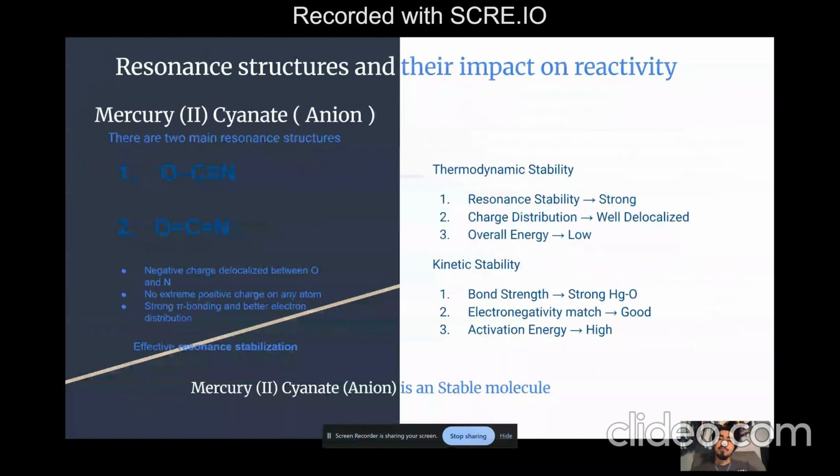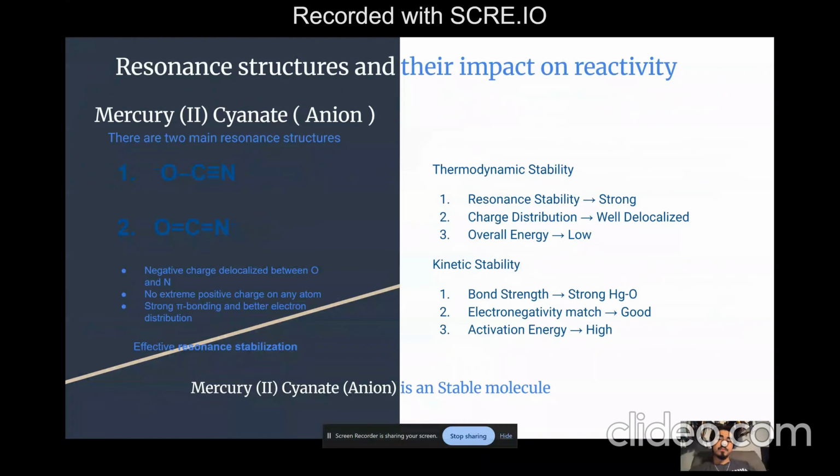Here we have the resonance structures and their impact on reactivity for mercury 2 cyanate, the anion. There are two main resonance structures for this anion. First, we have the triple bond on nitrogen to carbon, and the second is a double bond on oxygen and nitrogen on the carbon.